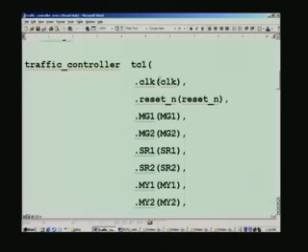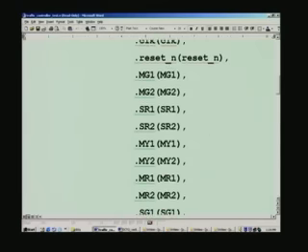And you need to declare ports by name. These are all the inputs we have already seen, and these are all the output lamps, 16 in number here, starting with the main green, side red, and so on, Y for yellow.